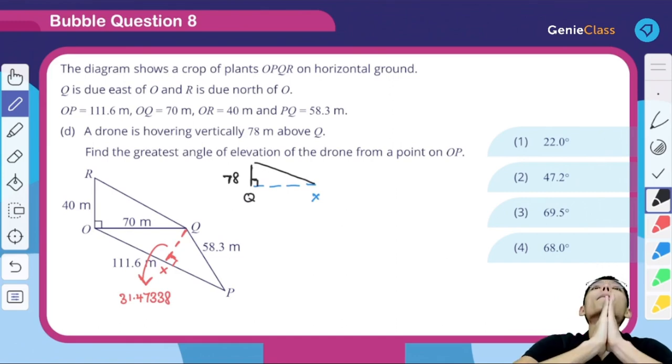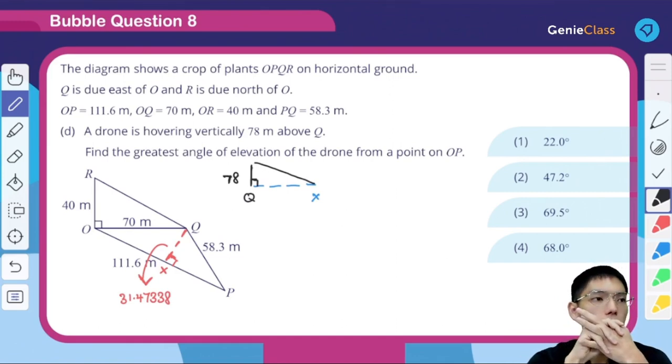So I'm looking up. What does it mean? Alright, I have 20 seconds more. Okay, that's good. Recall what is your opposite, what is your adjacent, what is your hypotenuse. I think some of you are getting confused.